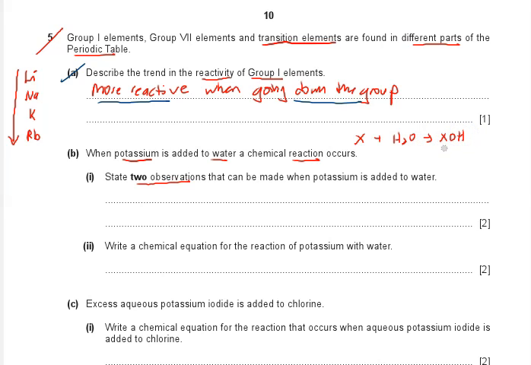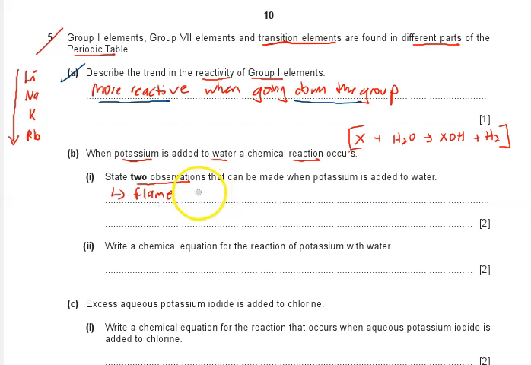It will give you an alkaline solution, plus it will release a gas, hydrogen gas. These are the general formula for the equation of Group 1 with water. State 2 observations here. What happens is you will see a flame.